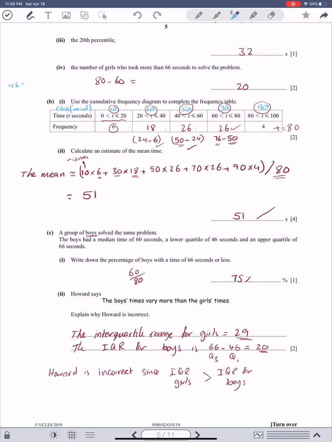Part C, a group of boys solved the same problem. The boys had a median of 60 seconds, a lower quartile of 46 seconds, and an upper quartile of 66 seconds. Write down the percentage of boys with a time of 66 seconds or less.